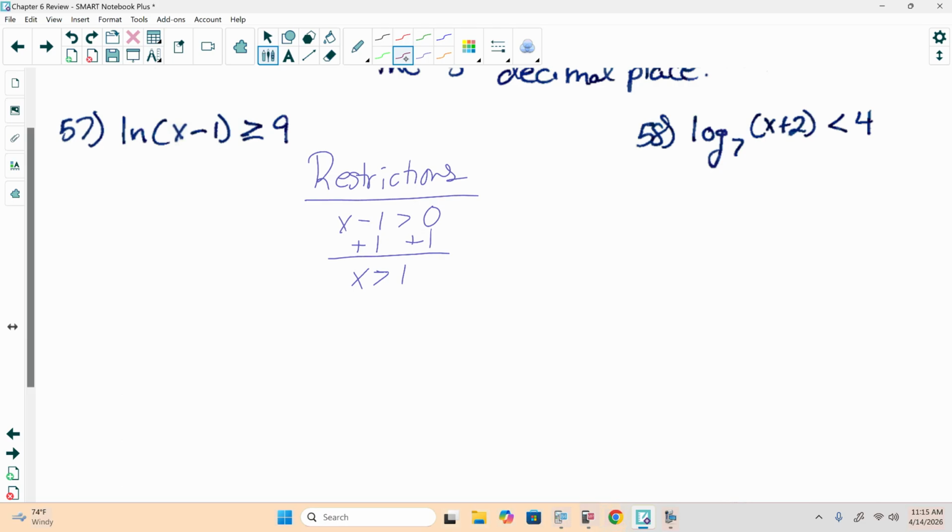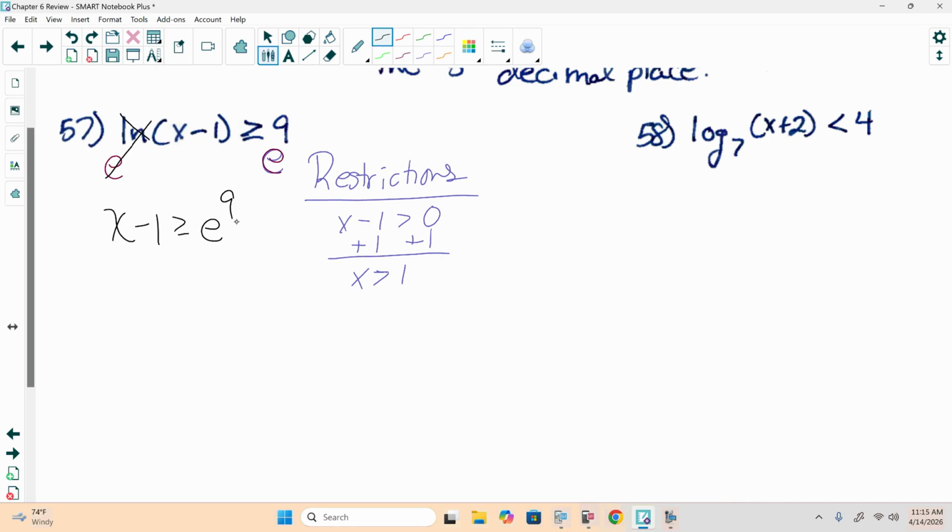Once we have that stated, we can go about solving. Just like with our equation, since we do have one term on either side of that inequality sign, we can put both sides to the base of the logarithm. And since it's a natural log, the base is e. So we're going to put both sides to the base of e.